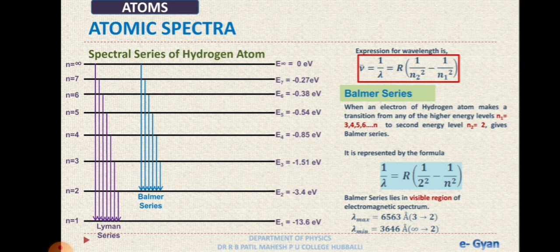Whereas the minimum wavelength that is emitted is 3646 angstrom, which is due to the transition of an electron from infinite energy level to second energy level. So hence, the series limit of Balmer is 3646 angstrom.